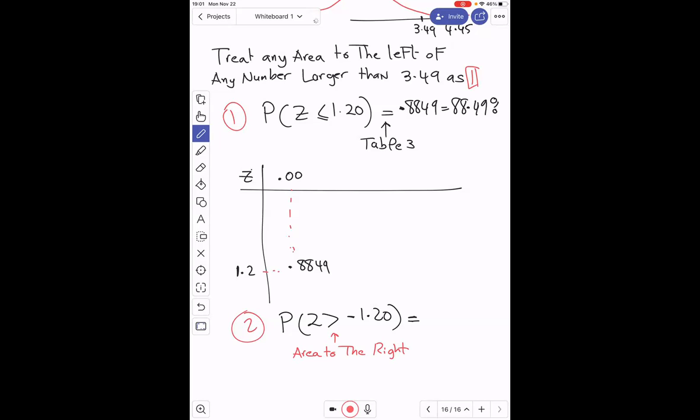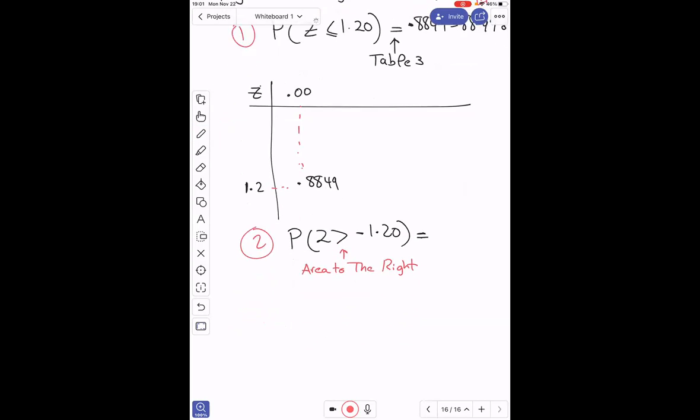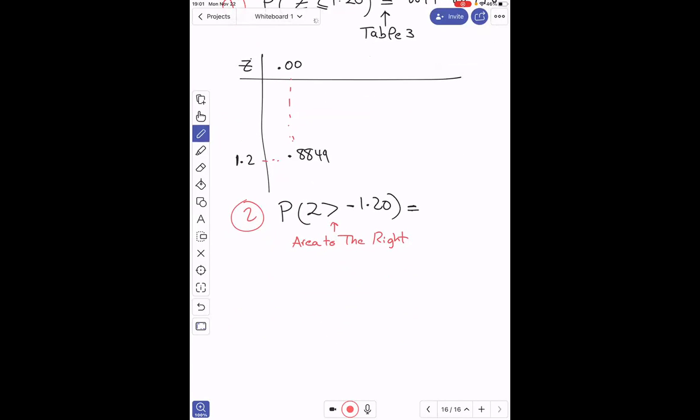So to find this area to the right, we need to take the whole area, which is 100%, or 1, minus the area to the left. So minus the probability that Z is less than negative 1.20. This one here is the area to the left.